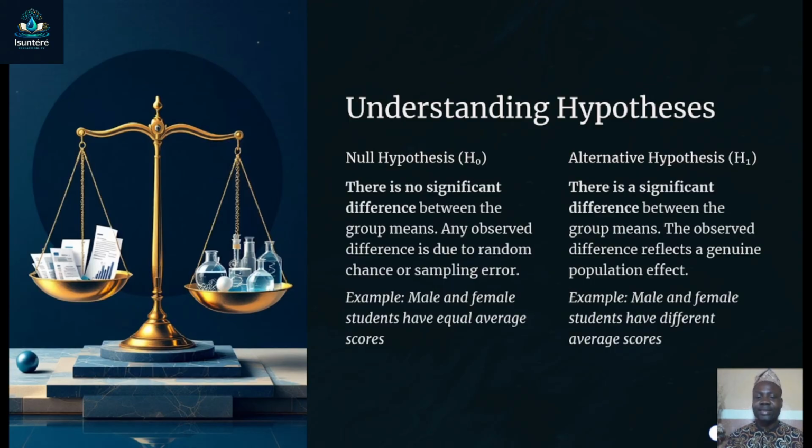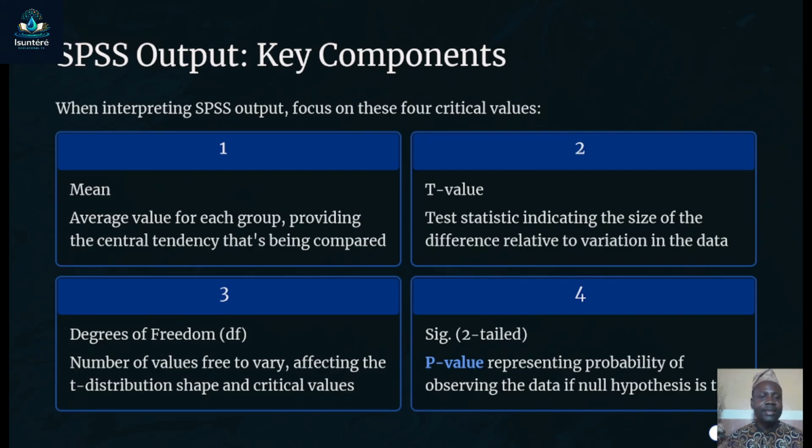That means they are the same. But in the alternative hypothesis, we can say there is a significant difference between the group means. That means the observed difference reflects a genuine population effect. Male and female students have different average scores. So that is how we usually state the hypothesis.